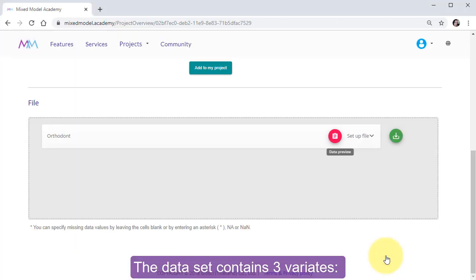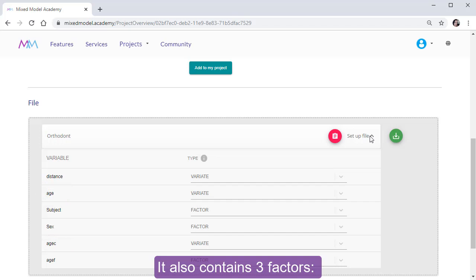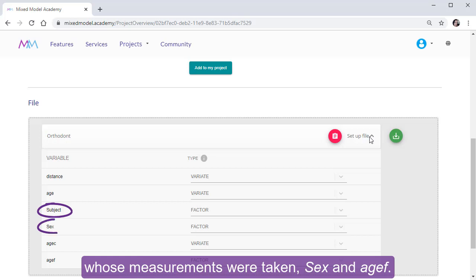The data set contains 3 variates: distance, which is the response variable, age, and age C. It also contains 3 factors: subject, the individual children whose measurements were taken, sex, and age F.